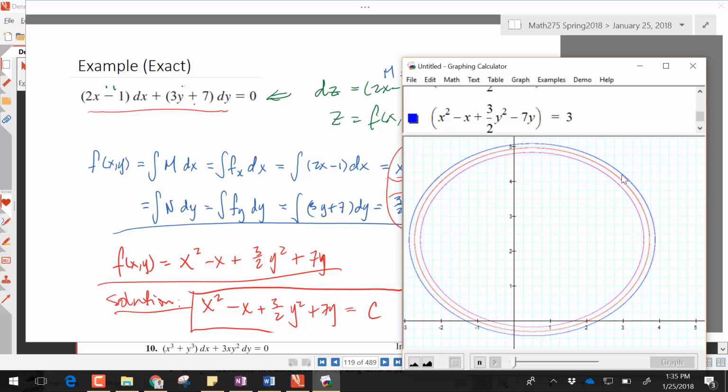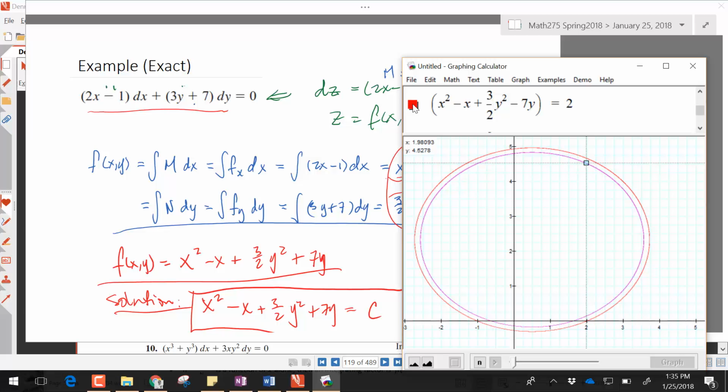And then notice that it's not a function, right? It doesn't pass the vertical line test. But if we need to, let's say our initial condition is 2 comma, whatever that is, then we can say we'll just focus on one of these curves, and then we'll just take the positive part or something, a piece of that curve, so that it would actually be a function.